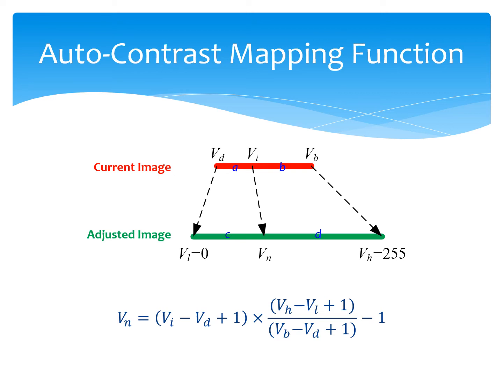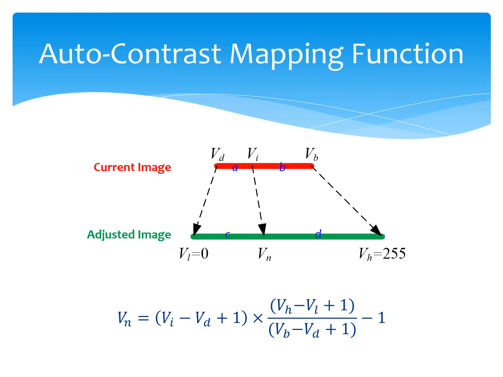Vi is any pixel intensity between Vd and Vb. The green line at the bottom represents an enhanced image, where VL and VH are the minimum and maximum pixel intensity in the enhanced image respectively. Vn is the adjusted pixel intensity level on the basis of Vi.